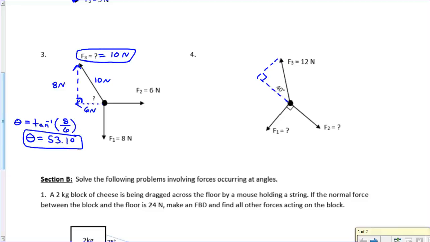So we know that sine of 40 degrees equals this unknown side over 12, and then this simplifies to x equals 12 sine 40, which if you calculate it, you should get 7.7 newtons.